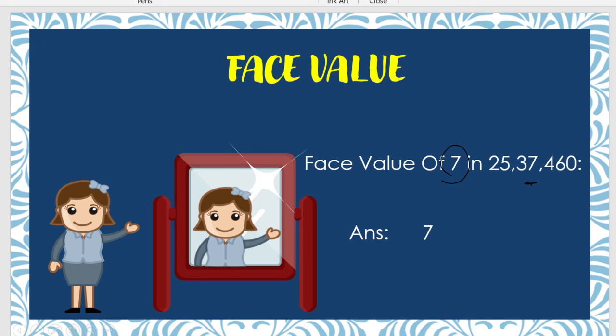So if 7 is visible in the mirror, what is the face value? 7 itself. When you are asked the face value, just look at your face in the mirror. Then you will remember that your face is visible. When you see 7 in the mirror, 7 itself is visible. So face value of 7 is 7.